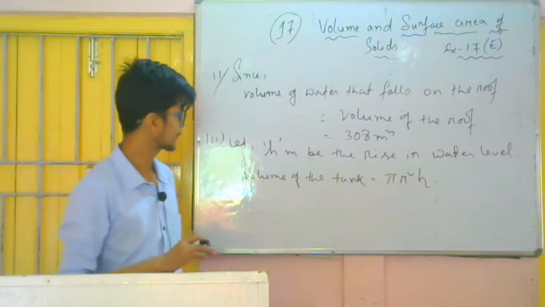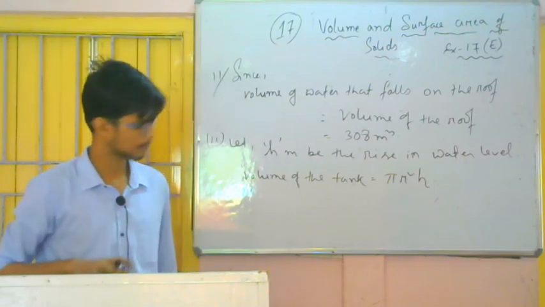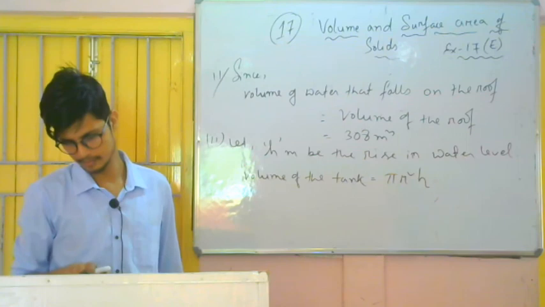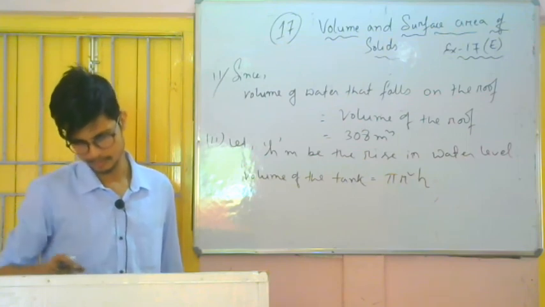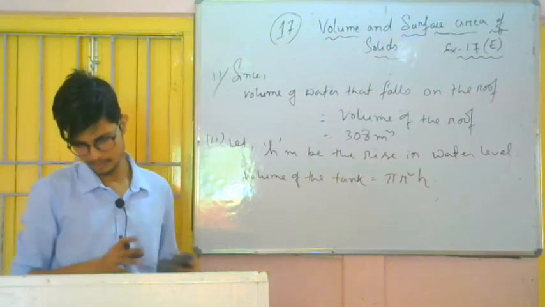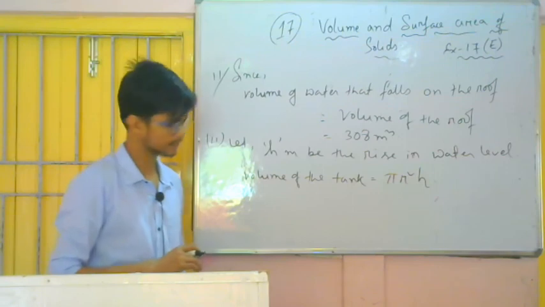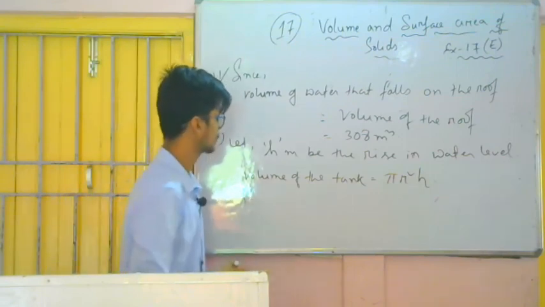Question is to find the collected cylindrical tank, radius is given. Take the water that is falling, the volume of the cylindrical tank, it is given 14 meter.